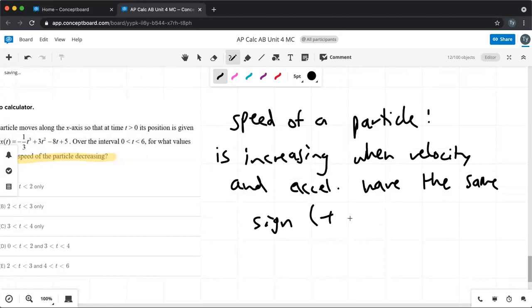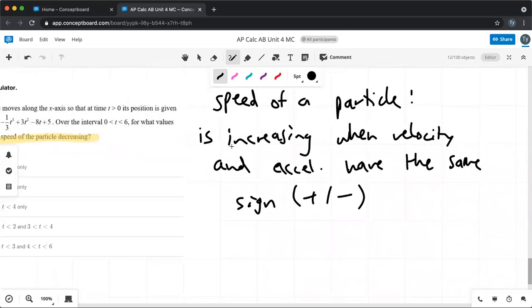Sign with a G, so plus or minus. And the speed of the particle is decreasing when they have opposite signs.